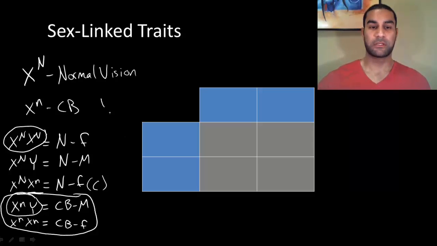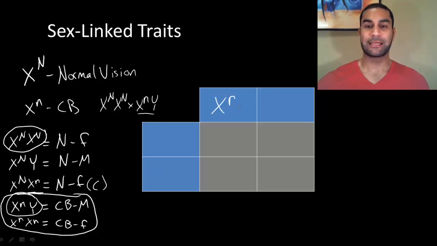I'm going to cross a normal female with a colorblind male. Okay? Just for the sake of consistency with the last cross, let's do this male at the top. So the male's X is recessive, and then here's his Y. The female has both dominant X's. So if I'm doing this cross, what's the likelihood of producing different types of offspring?